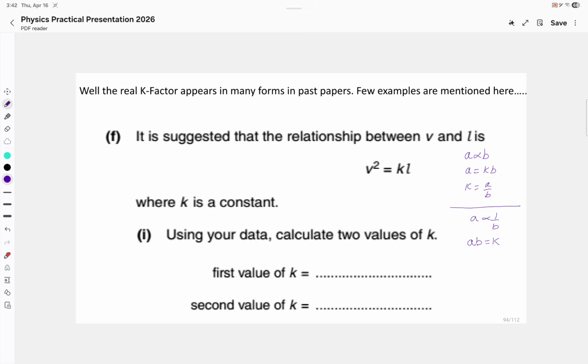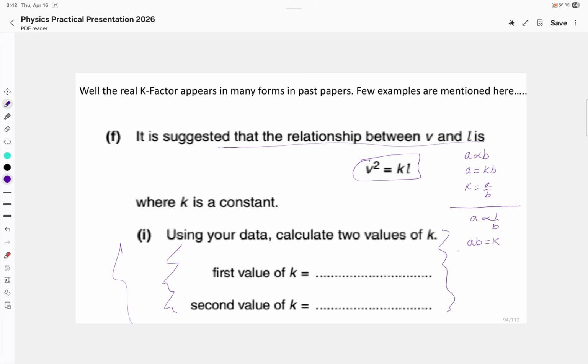One idea is that they will give you a first value of K and a second value of K. Sometimes, if you have practiced past year questions, you may witness that they just mention a relationship in words, not in the form of an equation, and they do not mention the space where to write the first and second K values.